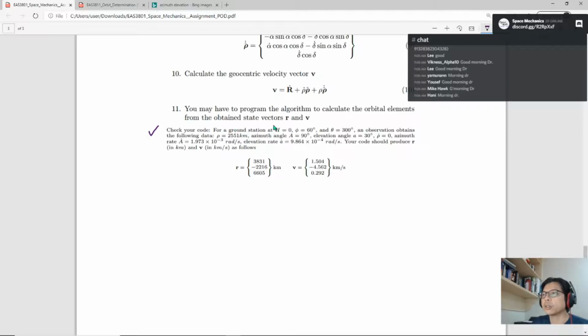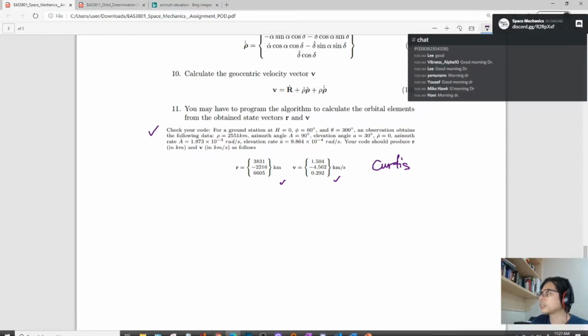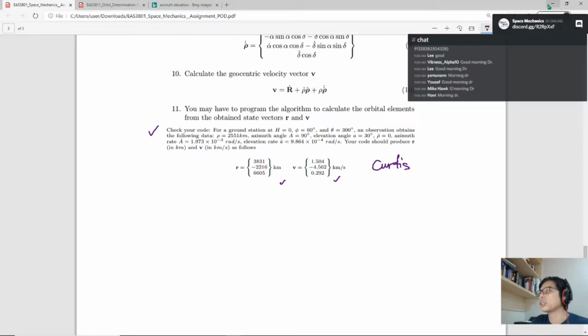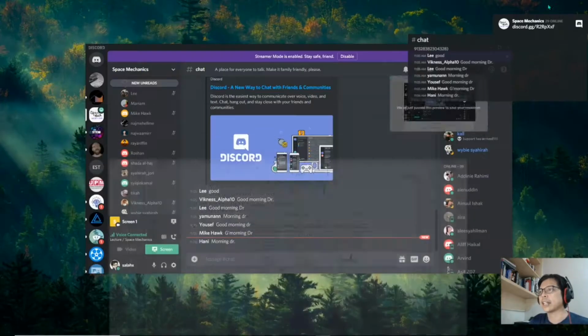If you want to check your code, you put all these numbers here, and then your answer will be these two. This same exact example you can find in the Curtis textbook. So if you want to check whether your calculation is correct like last time, you can check this example. Let me stop here and ask if you have any question on this next task.